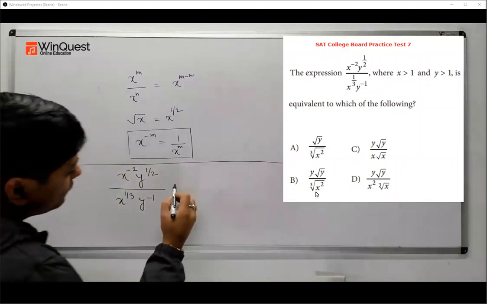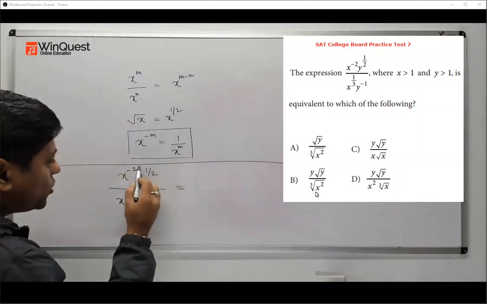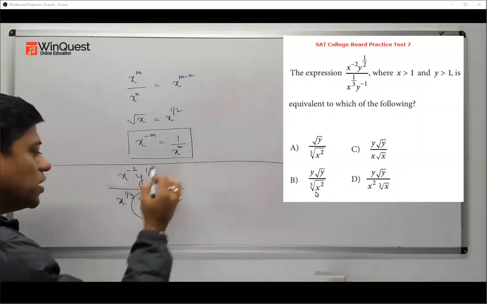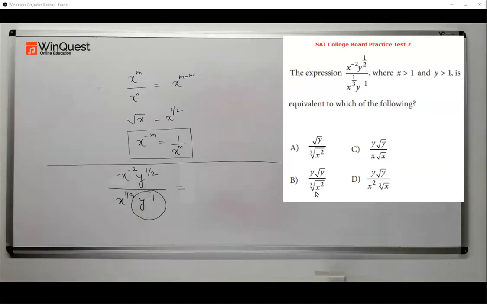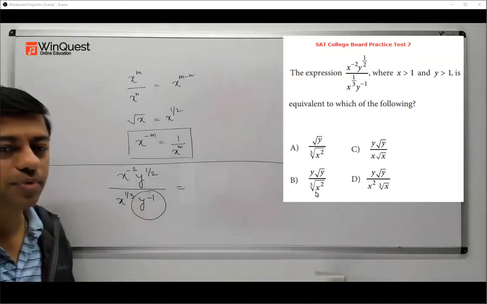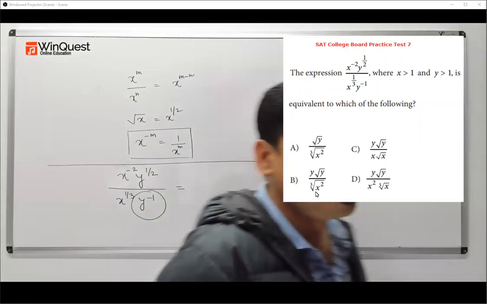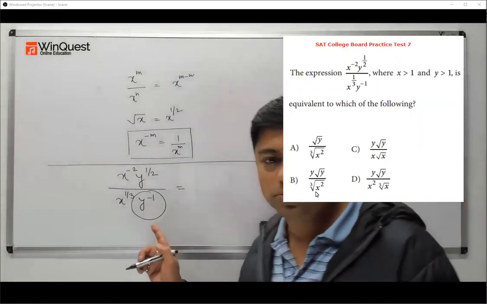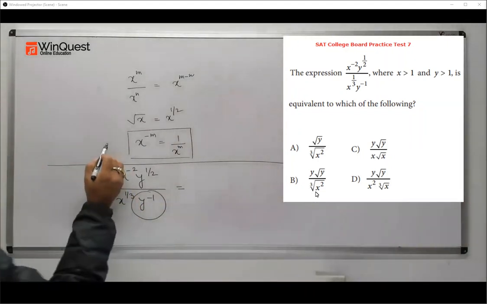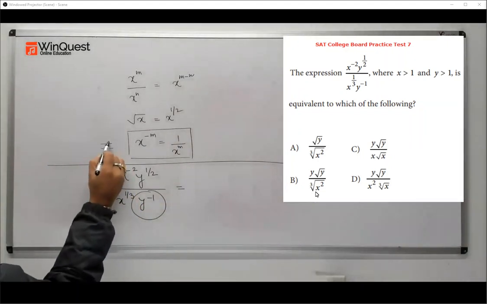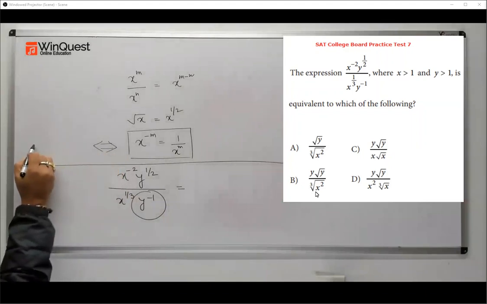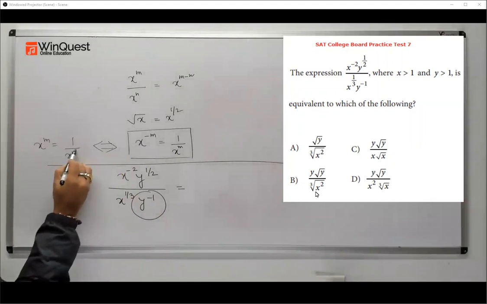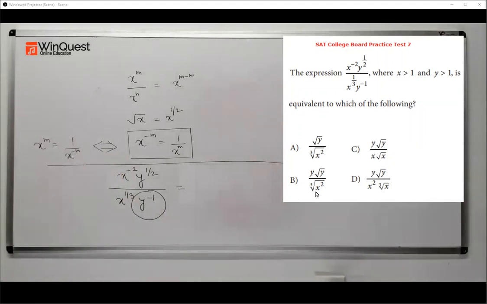Okay. Now my first thing is, I want to bring this y to the power minus 1 to the numerator. What will happen? Just think on y to the power minus 1. The 1 will be positive. Are we all sure? See, there is an equivalent formula for this: x to the power m equals 1 by x to the power minus m. Right?